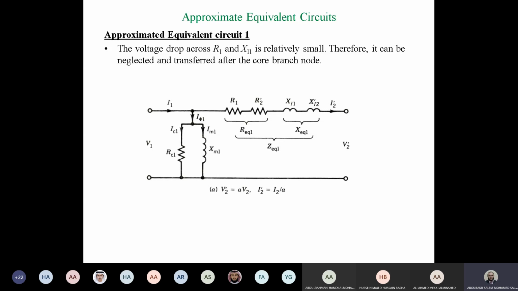How? For instance, if you bring a transformer and make the transformer no load, which means there is no current moving in the secondary side, this means the voltage drop across this impedance will be 0. Is it right? If there is no current here, what will be the value of voltage drop here?